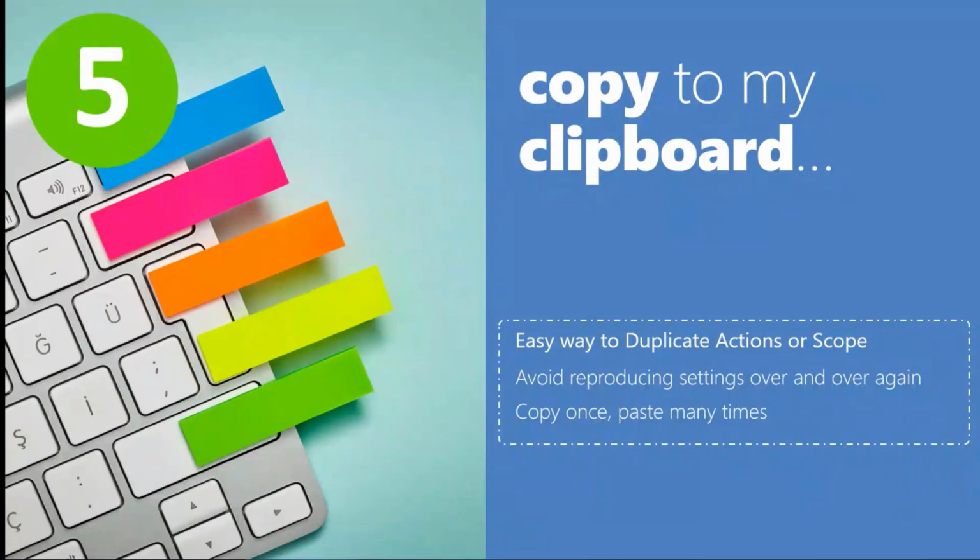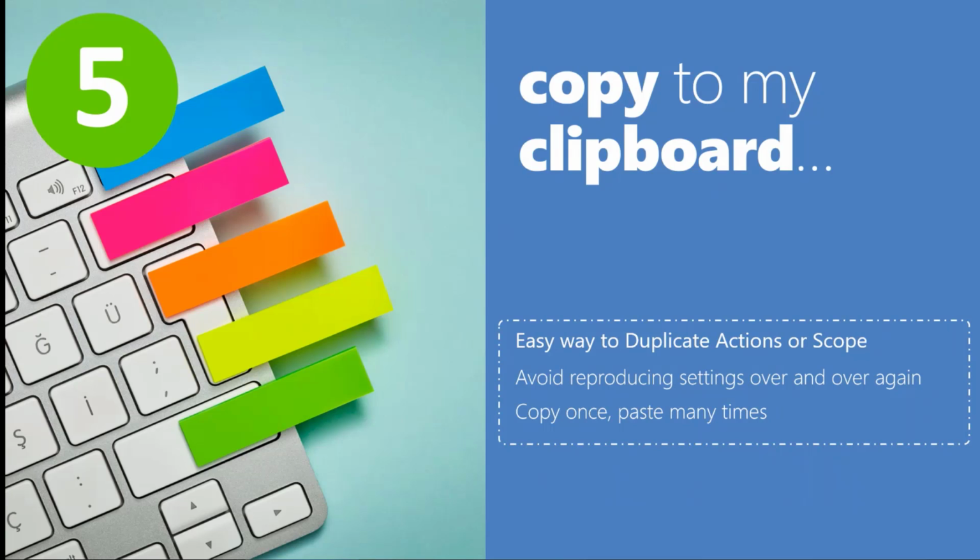Another tip is copy to clipboard. This is a good feature of Power Automate that I really love and would like to have in Logic Apps, but I don't have it. By using the clipboard, we can easily duplicate actions or scopes and basically copy and paste them to other shapes, to another branch, or to actions below, and so on.